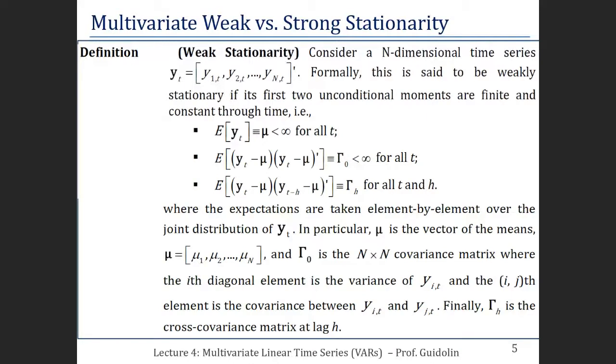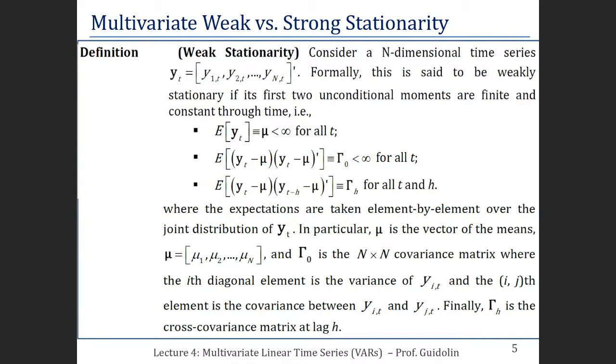And the first instance of that was weak stationarity, which means the same thing that you saw in the past, but there is an adjustment to be applied, which is now the first two moments, the mean, the variances, and the covariances. They need to exist and not depend on time, but the point is that such objects become more complicated because the mean is not a number, it is a vector.